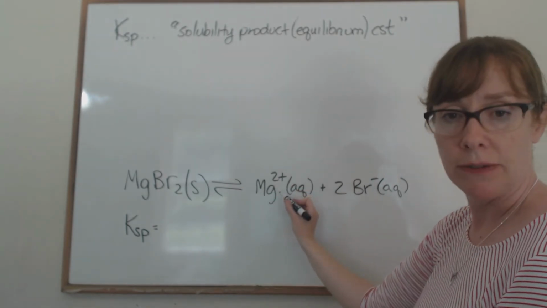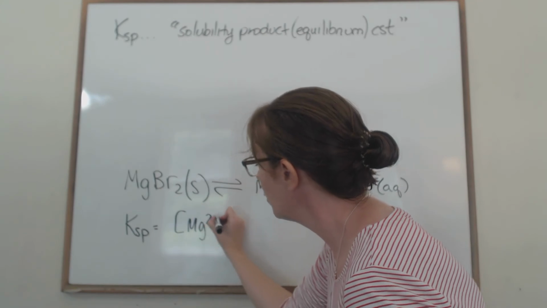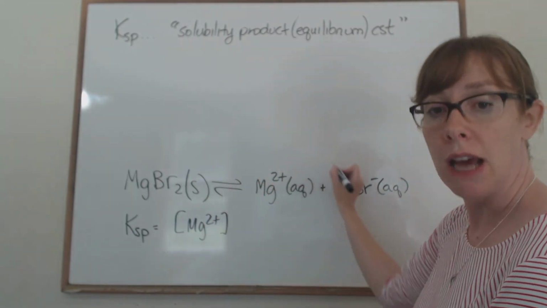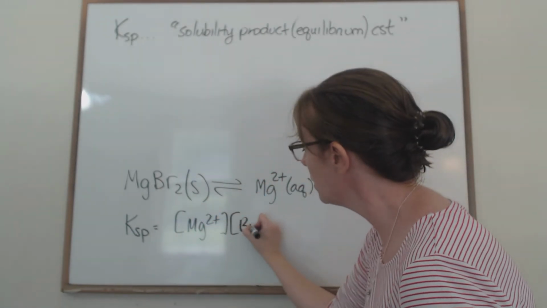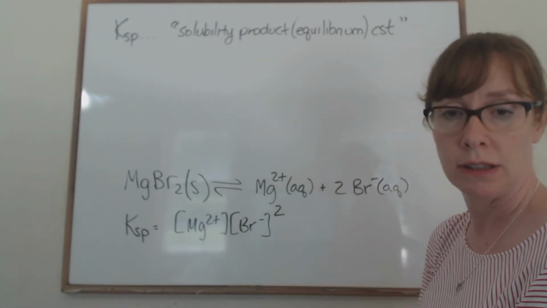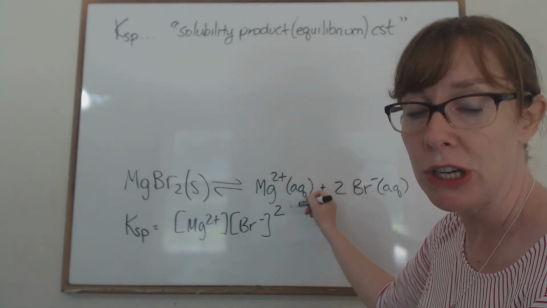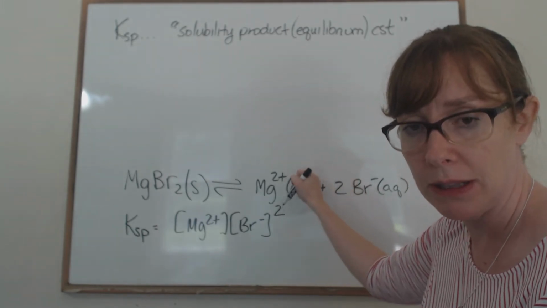So let's do the products first. The product side would be Mg2+, products go on top, times the other product, which is Br-, raised to their coefficients, right? Because the 2 becomes the exponent. Remember, in the equilibrium chapter, the coefficients become the exponents.